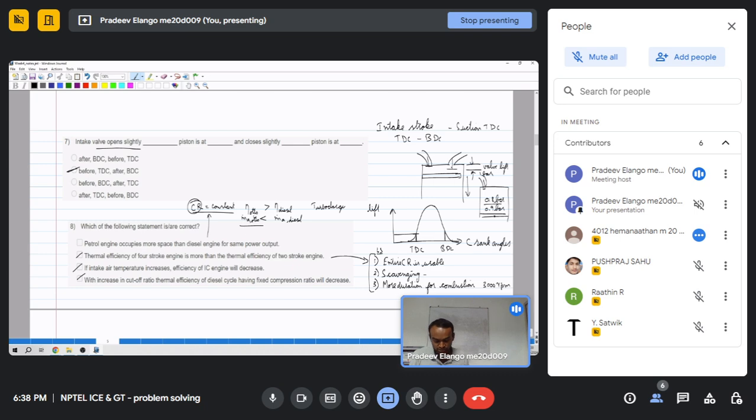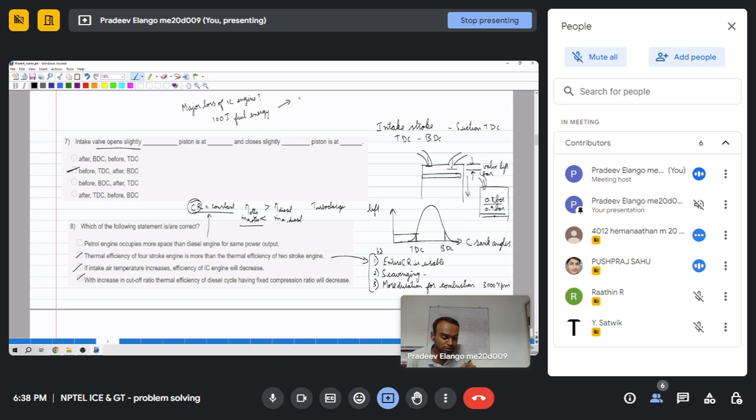So what are the major losses of IC engine? So if I give 100 joules of fuel energy, something like this.